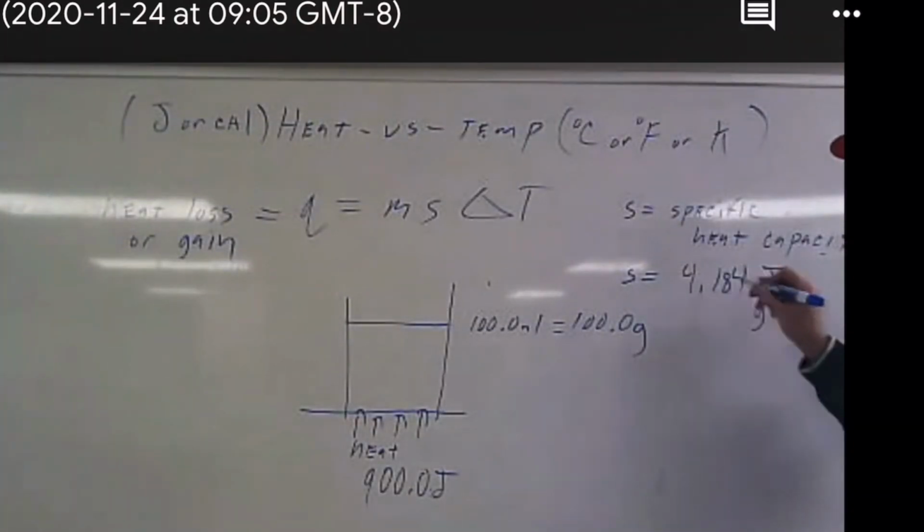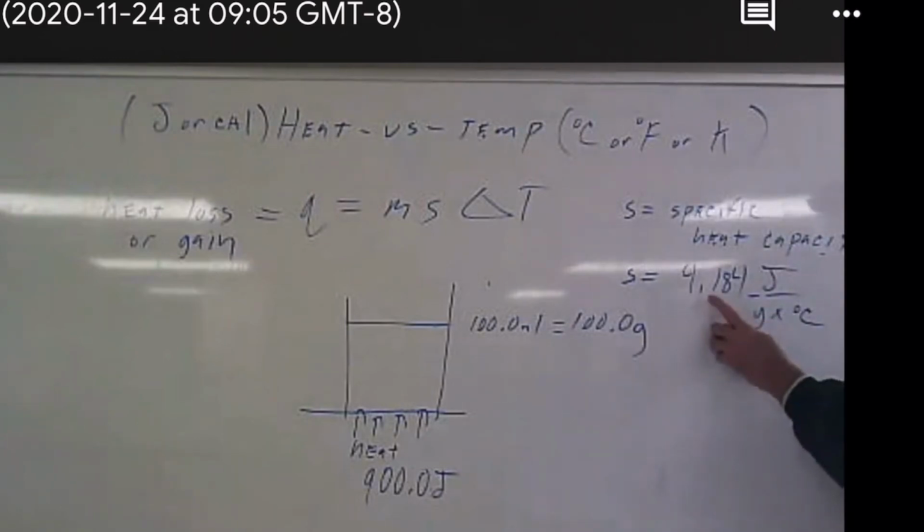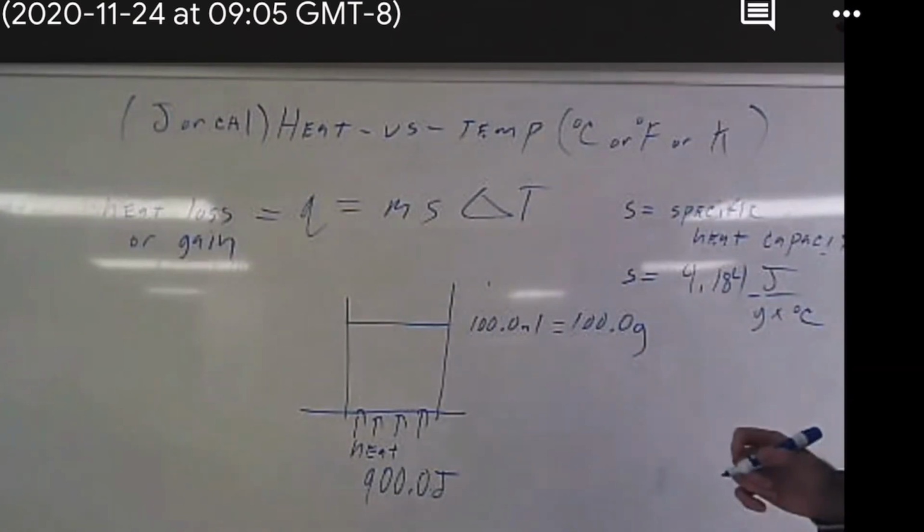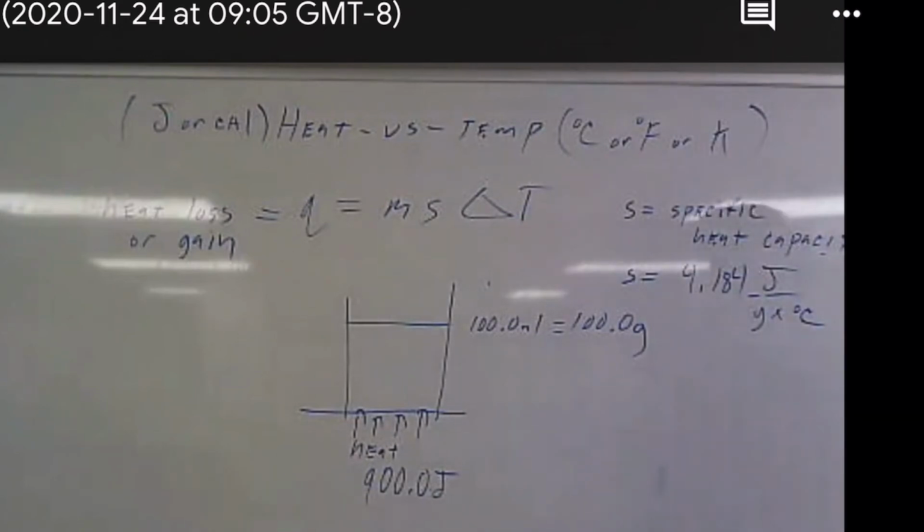I knew that looked a little bit off. So 4.184 joules over grams times degrees C. So that's for liquid water.